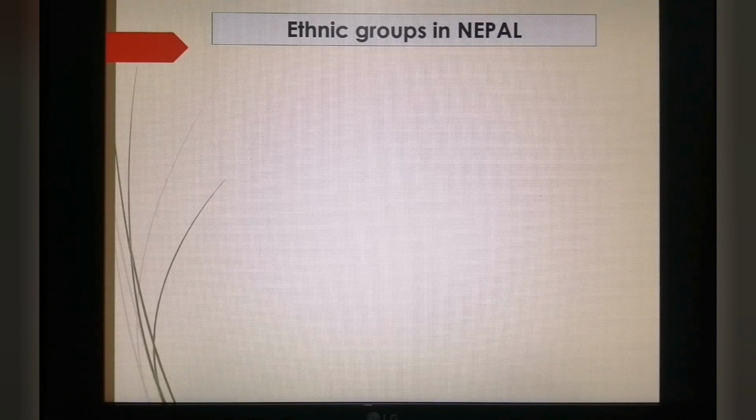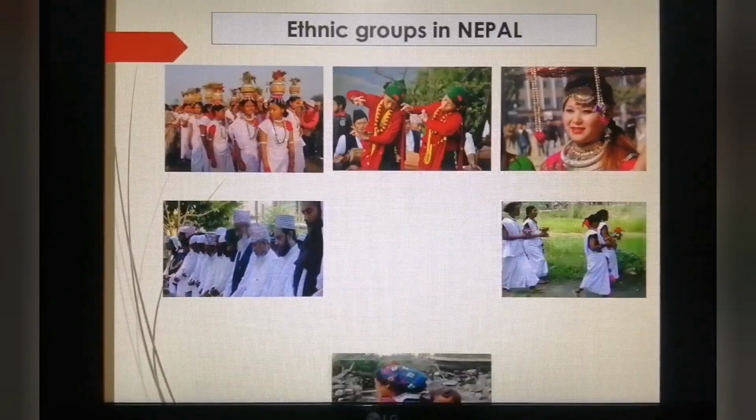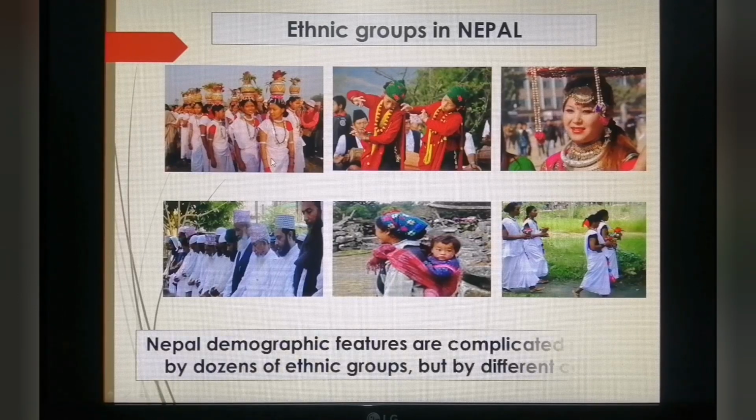Ethnic groups in Nepal. There are various types of aboriginal or ethnic groups in Nepal. There are so many castes and creeds. People of different religions, different castes, different creeds live in Nepal. Nepal's demographic features.